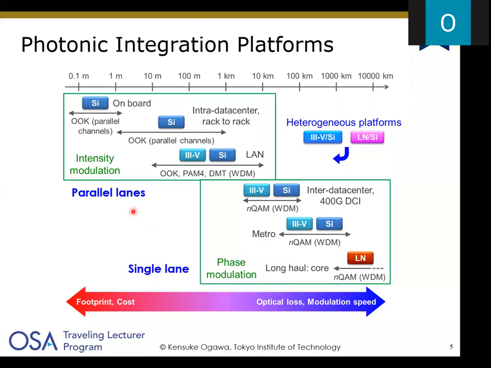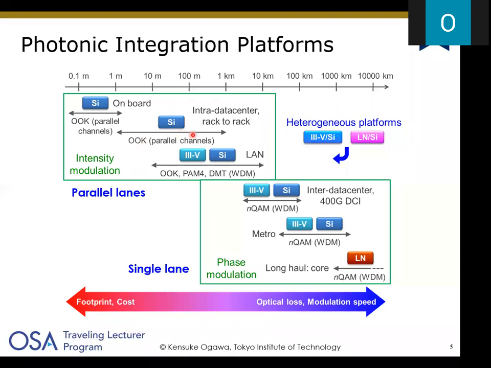In a shorter reach, the key metrics are footprint and cost. In this reach, the silicon photonics platform is preferred.